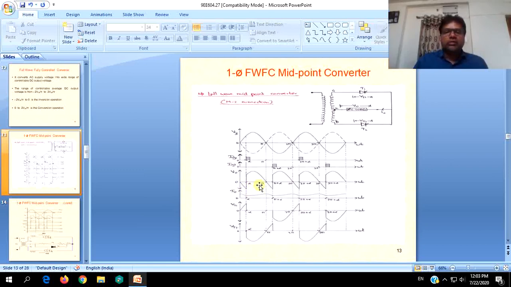The actual load voltage from alpha to pi will be following the supply voltage, and due to the inductive action, current will not become zero. Negative voltage will still be appearing across the load, and current takes some time to decrease to its minimum value or zero value depending on the inductance.